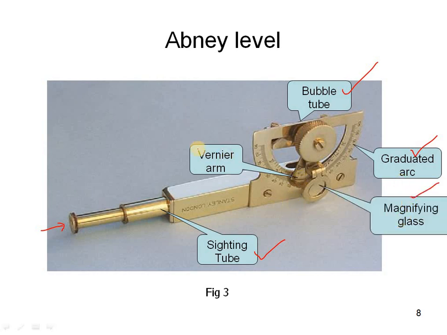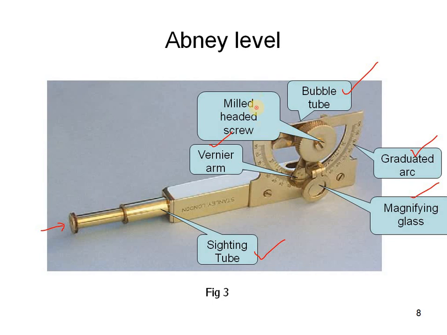Magnifying glass is used to see the readings very clearly, just like in a microscope we have the glass to see even small readings. Like that, here in the Abney level, this magnifying glass will be useful.